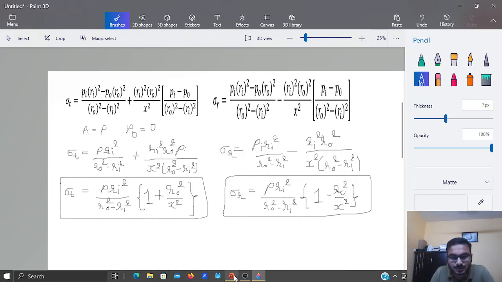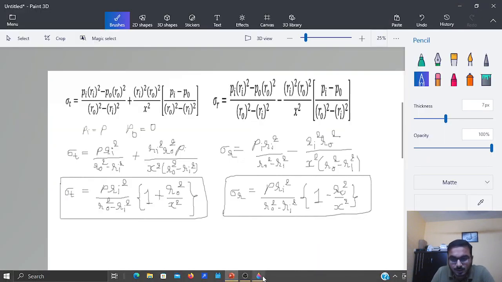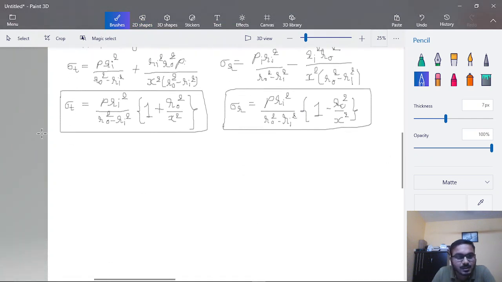Now as you see here, we discussed that the tangential stress will be maximum at the inner radius and minimum at the outer radius. So we will now calculate the maximum and minimum values of the tangential stress.